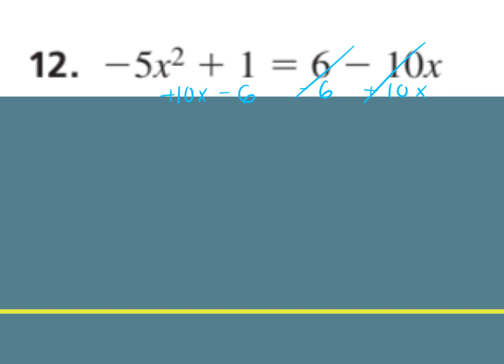All right, now how would I rewrite the left side? Awesome. Negative 5x squared plus 10x minus 5. So make sure you combine like terms and keep it in standard form. My only like terms were 1 and negative 6, so that's how I got the negative 5.